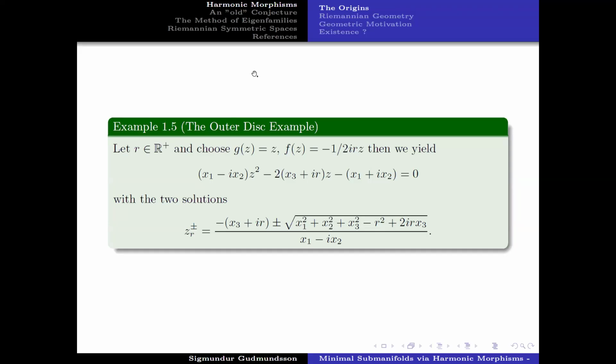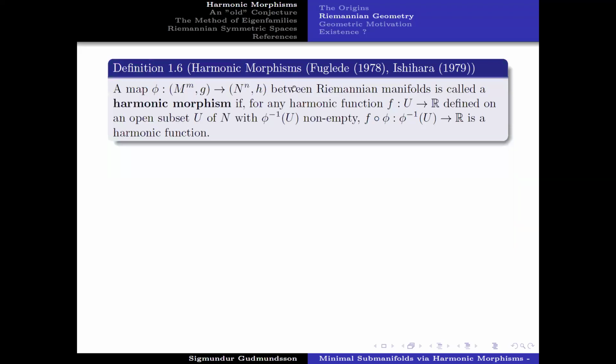Any questions, Emilio? No. So now, Fuglede, a good friend of mine, he died 5 years ago, and Ishihara, a Japanese, did not know about the paper of Jacobi.